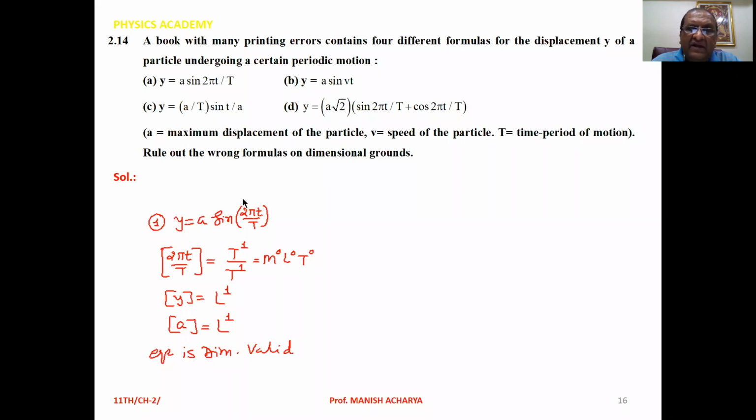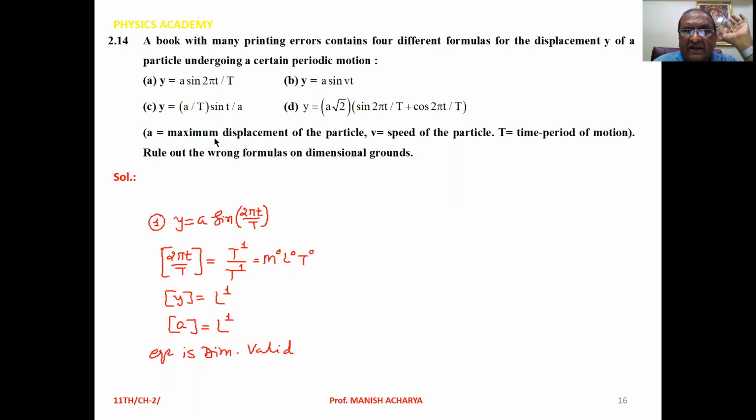Now if the dimensions of sin 2πt/T are M^0 L^0 T^0, it implies that if the dimensions of y and a are both the same, then and only then your equation will be dimensionally valid. Now y is displacement, so its dimension is L^1.